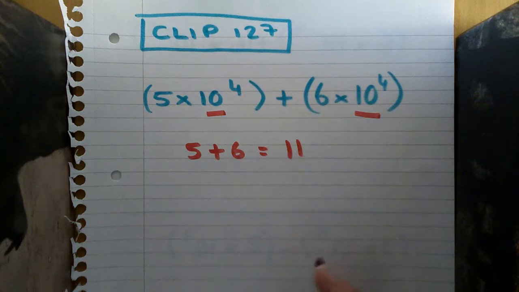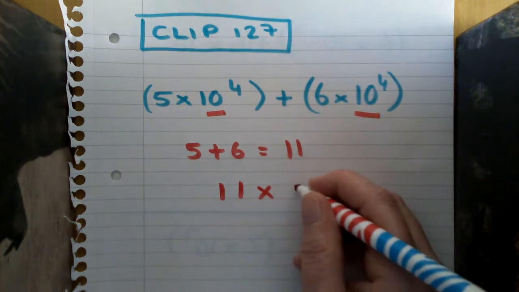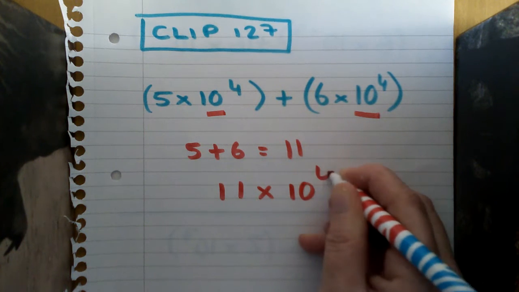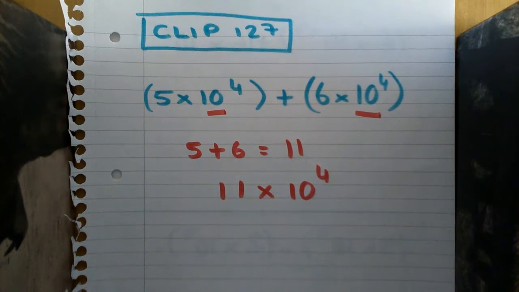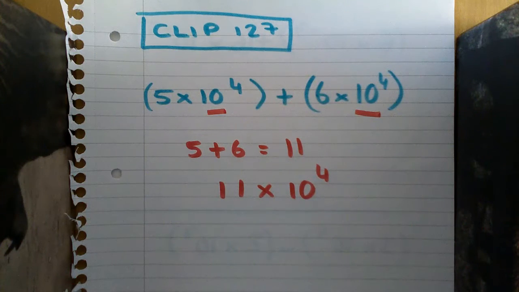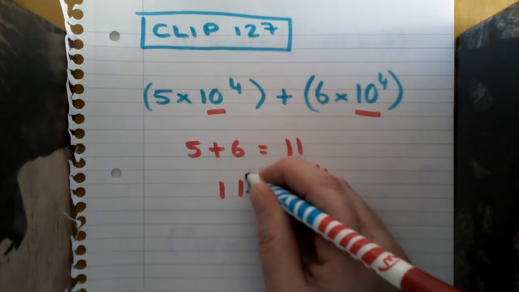Okay, and then because my powers of 10 are the same, the answer is 11 times 10 to the power 4. Of course, the problem with this is it isn't in correct standard form. So we need to adjust it, just like we did in clip 124. So here's my decimal point.